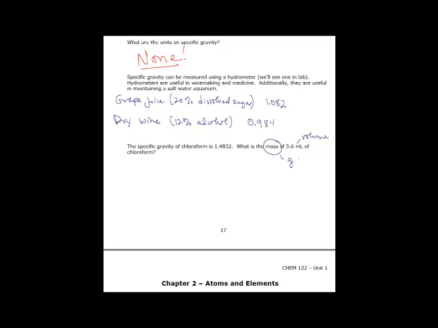You can convert specific gravity to density very easily, and the way you do that is just by putting units on it. You know that specific gravity is unitless. To make it into density, you're just going to add units of grams per milliliter. It's kind of like you're dividing by 1 gram per milliliter.